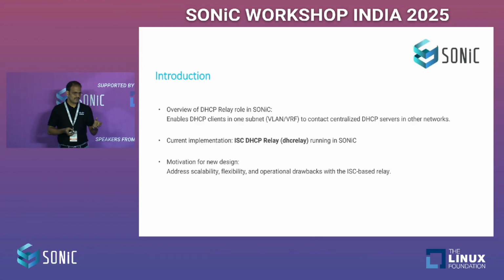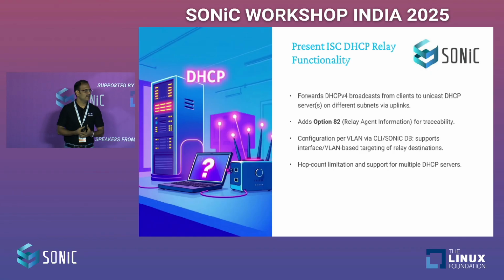So we took an approach to completely rewrite the existing DHCP v4 relay code in the community, and we are coming up with next-gen DHCP v4 relay code. Many of you already know what DHCP v4 relay does. It's a very simple protocol: the client sits on one side and the server on another side.